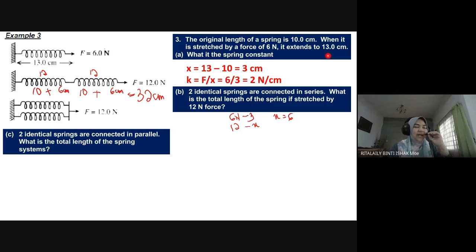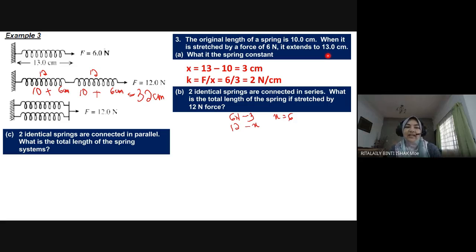Okay. So let's look at C. Two identical springs are connected in parallel. So what is the total length now? But before we can calculate the total length, we must know how the force is being divided by the spring.